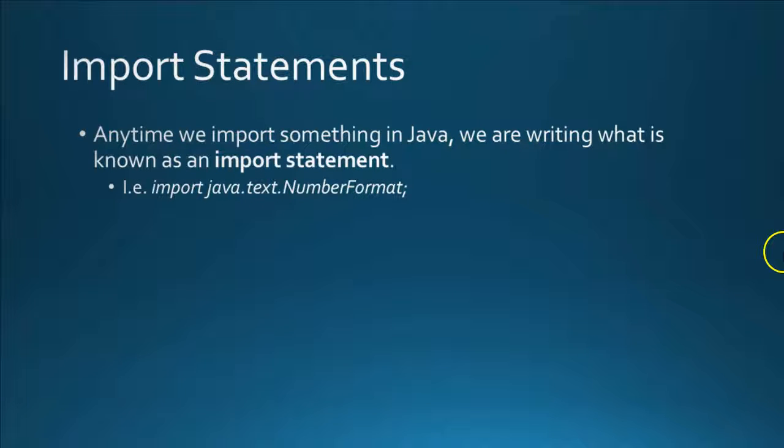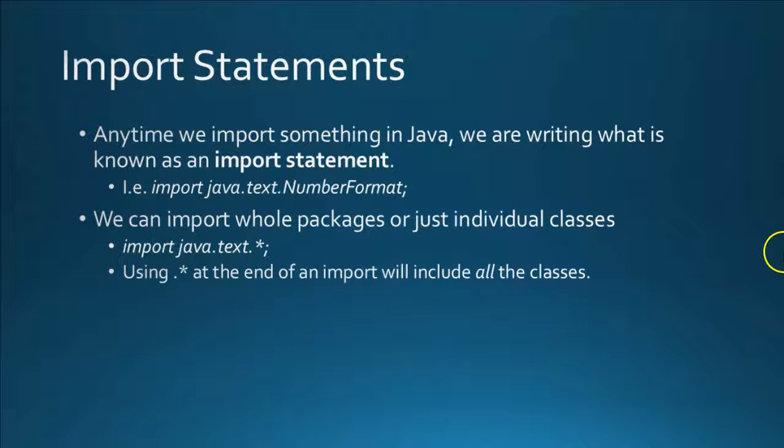Anytime we import something in Java, we are writing what is known as an import statement. So, for example, import java.text.NumberFormat. That's an import statement. We can import whole packages or just individual classes. If I want to do a whole package, for example, import java.text.*, using the star at the end of import will include all the classes.